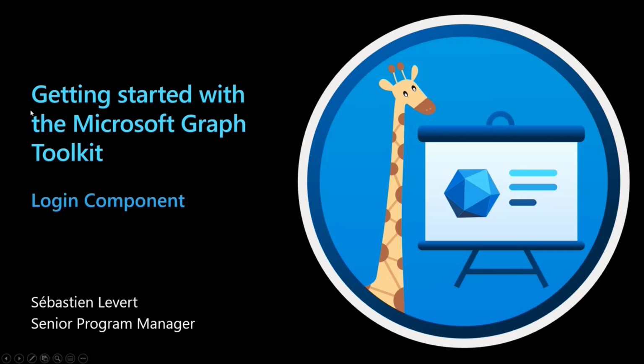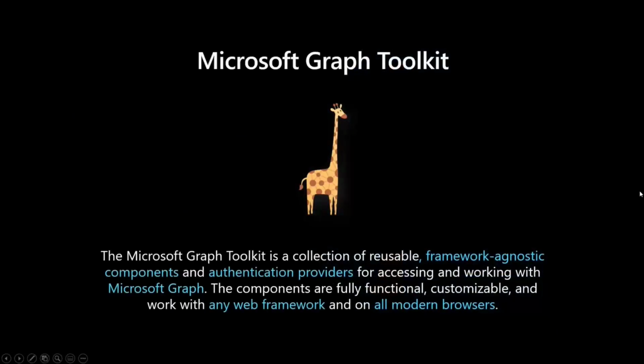But before we go any further, I'd like to remind folks a little bit of the concept around the Microsoft Graph Toolkit. The Graph Toolkit is a collection of reusable, framework-agnostic components and authentication providers that allows you to access and work with the Microsoft Graph. The components are fully functional. You can customize them, and they work with any web framework and on all modern browsers.